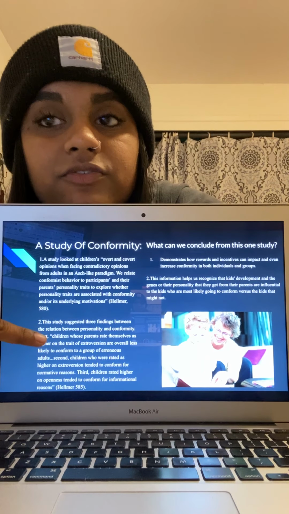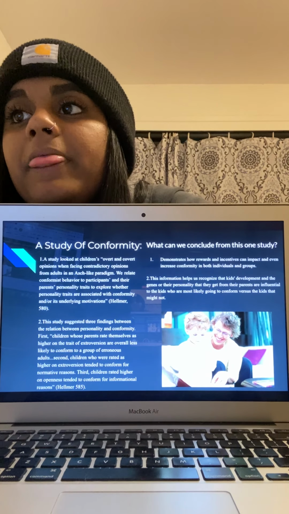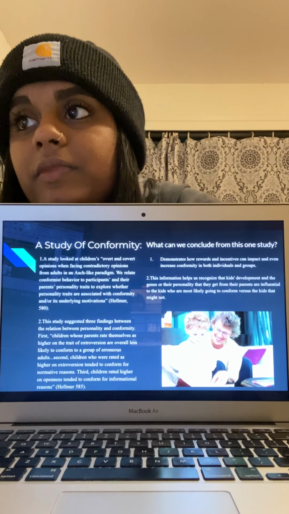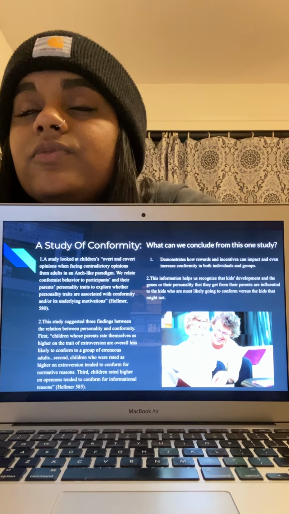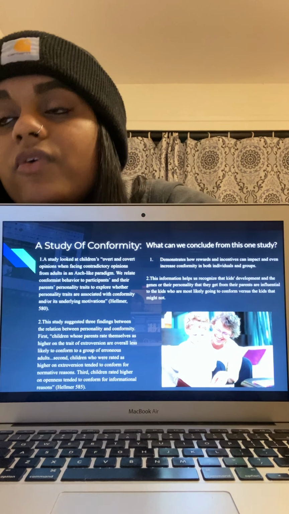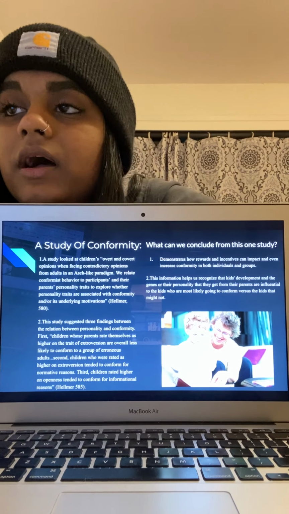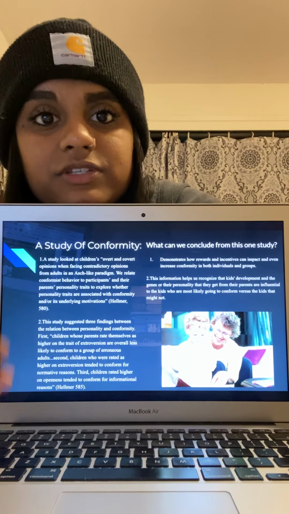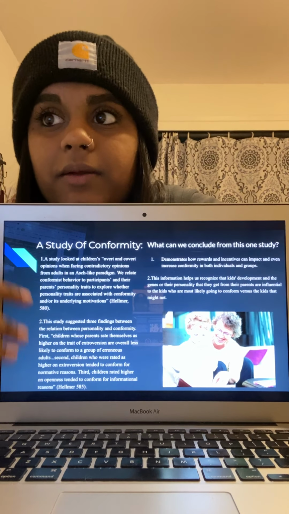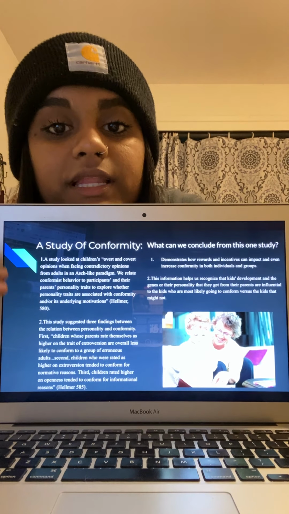And then the second one found this information helps us recognize that kids in development and the genes or their personality that they get from their parents are influential to the kids who are most likely going to conform versus the kids that might not. So yeah, these two studies were just really cool to look at because they were different and what they did was different. So I highly recommend reading them.